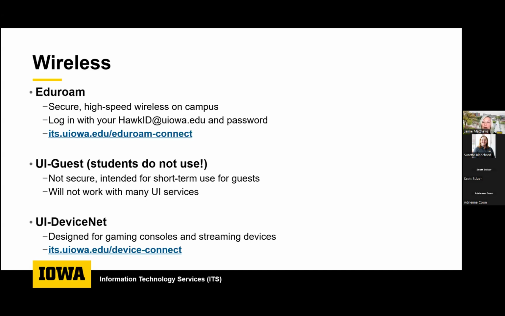So our network engineers created a separate network just for smart TVs, Xbox, all your PlayStation devices, all of those things. So if a student is going to live on campus, and if they are planning to bring these devices to campus, they will need to go to that Device-Connect website for instructions on how to connect their smart TV, their Fire Stick, their Roku, how to connect all of those things to UI DeviceNet.